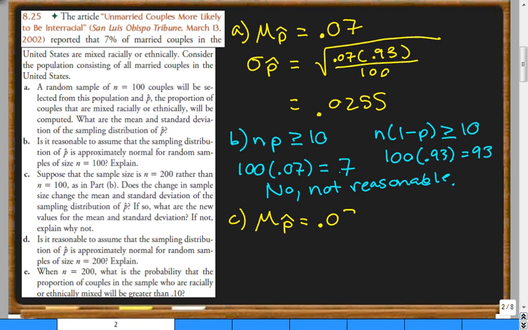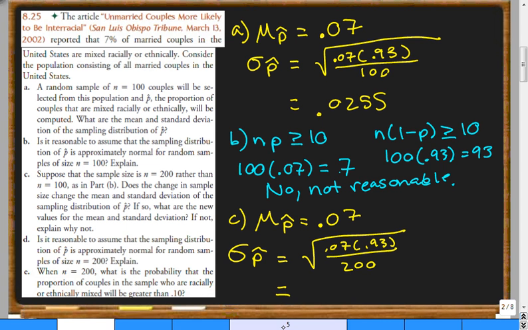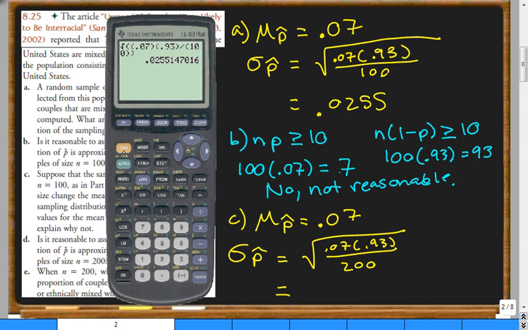It will still be 0.07, but our standard deviation will change. That's going to be the square root of 0.07 times 0.93 over 200. And so we can go back and figure this out again. I'm just going to repeat a previous entry and change the bottom to 200.